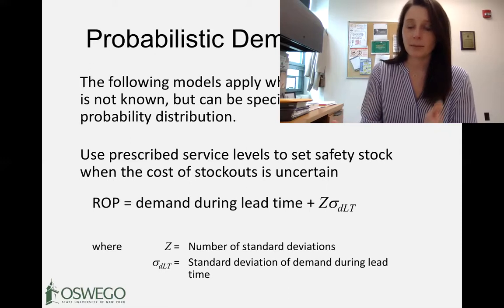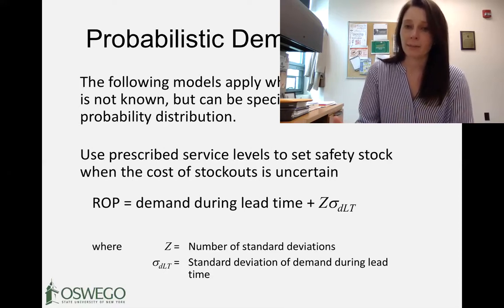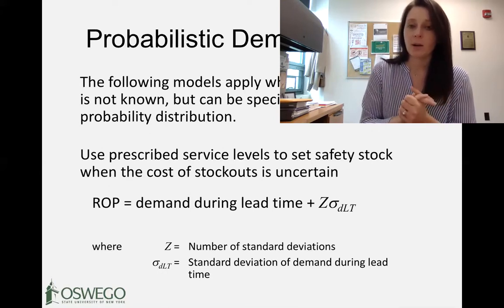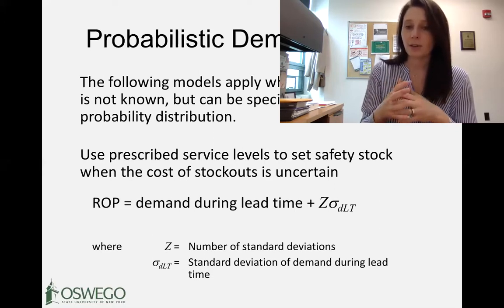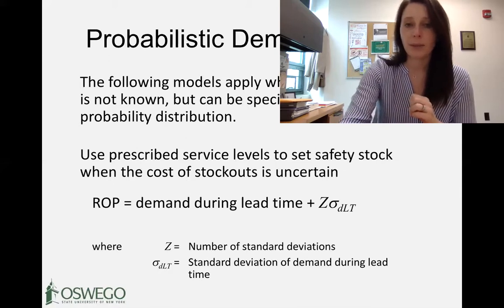That lead time is the time between when we place an order and when we receive the shipment. What does our demand during that lead time look like? And we want to add on some safety stock. Again, we're going to come back and use our Z tables from our normal probability distributions, and multiply that Z value times the standard deviation of our demand during lead time. So we'll walk through an example to help you think through this.